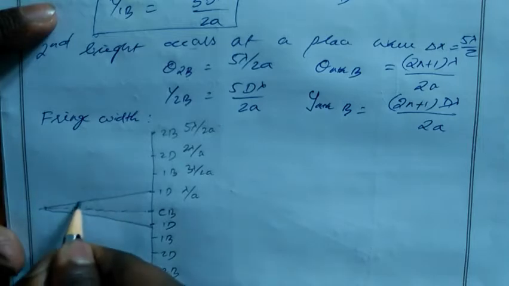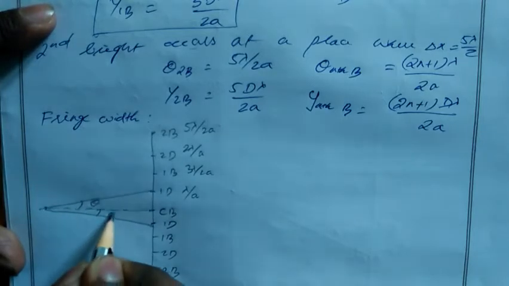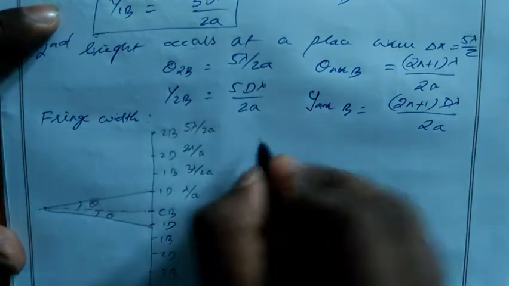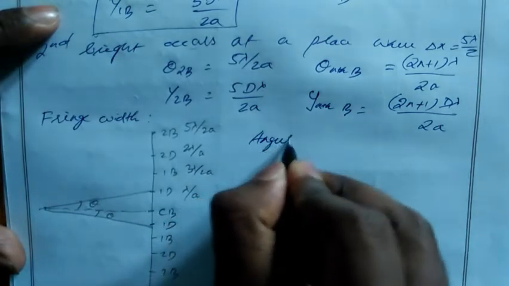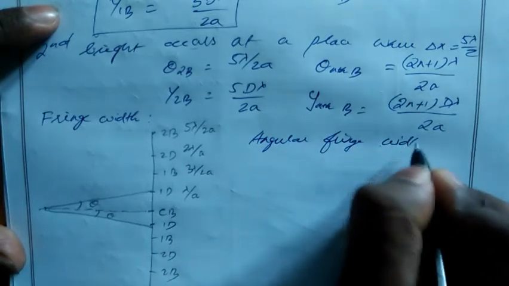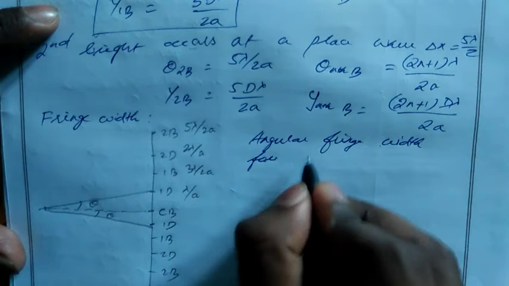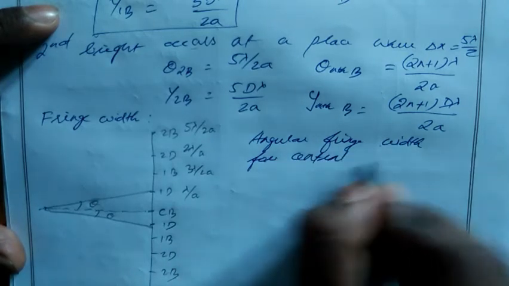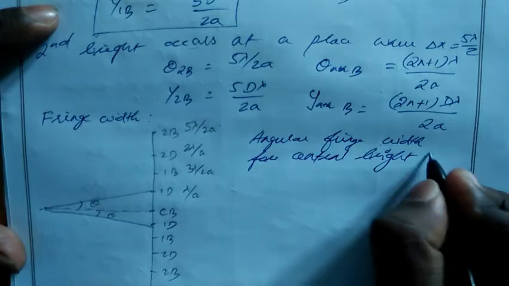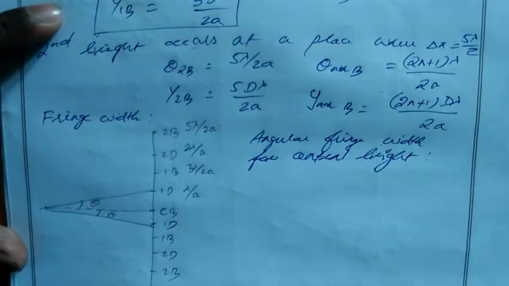So let's take this angle theta and this angle theta. For the angular fringe width for the central bright, what's the value?